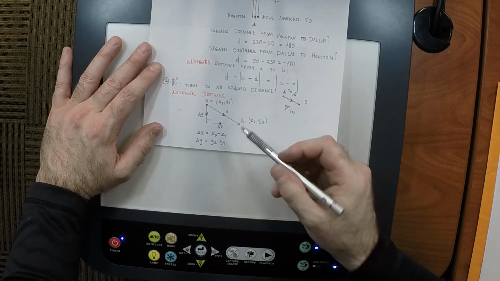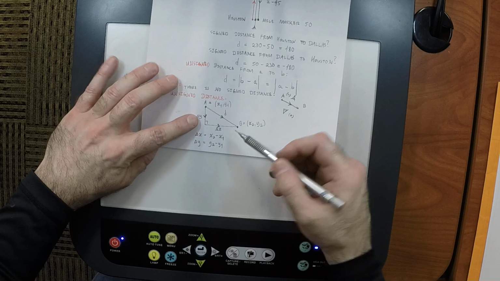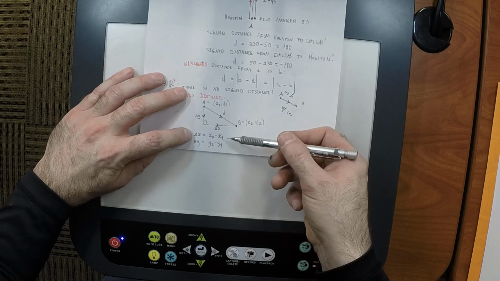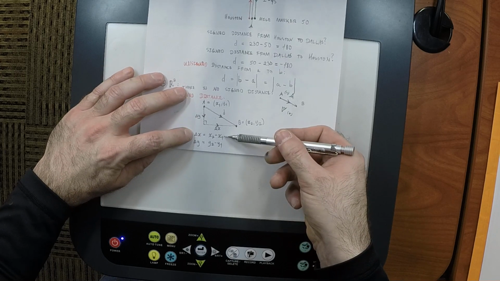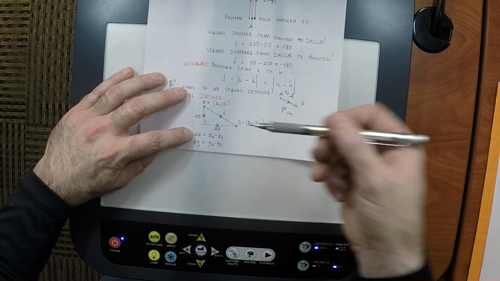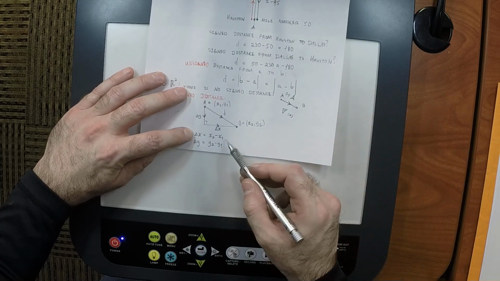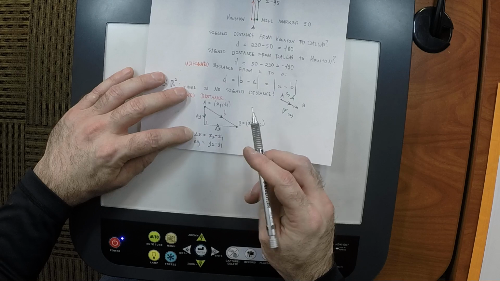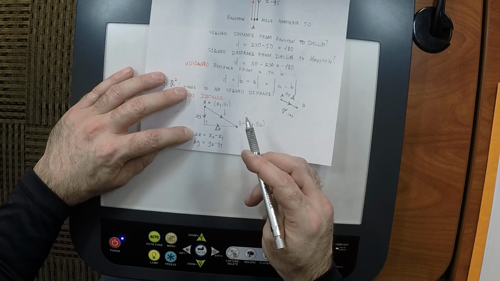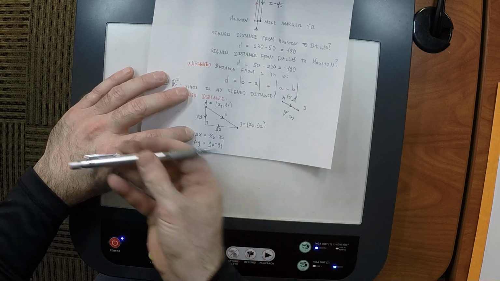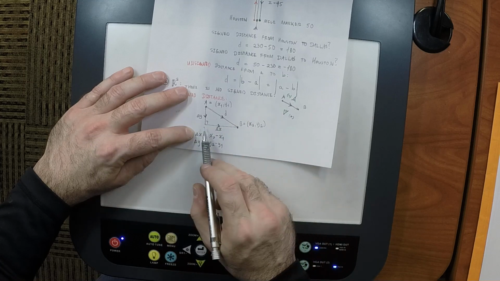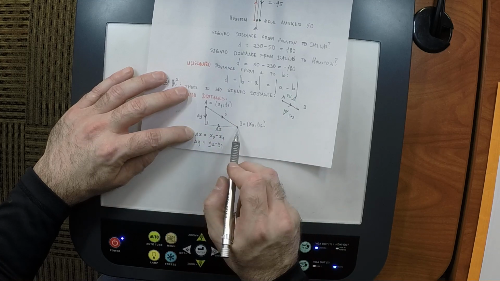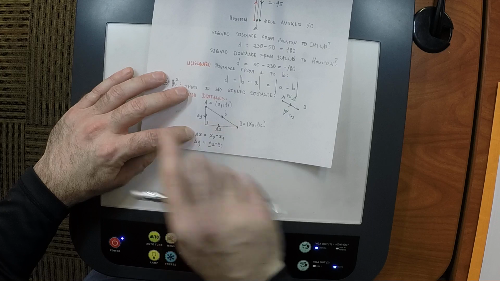Now, on this particular drawing, could you tell me, is delta x negative or positive? Well, it's going to be positive, because look at how we did it. We said delta x is this one to that one, and it's going to the right.